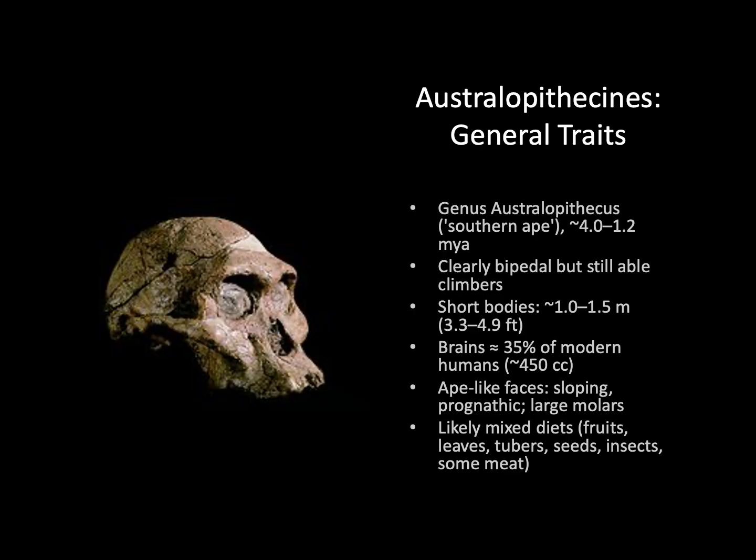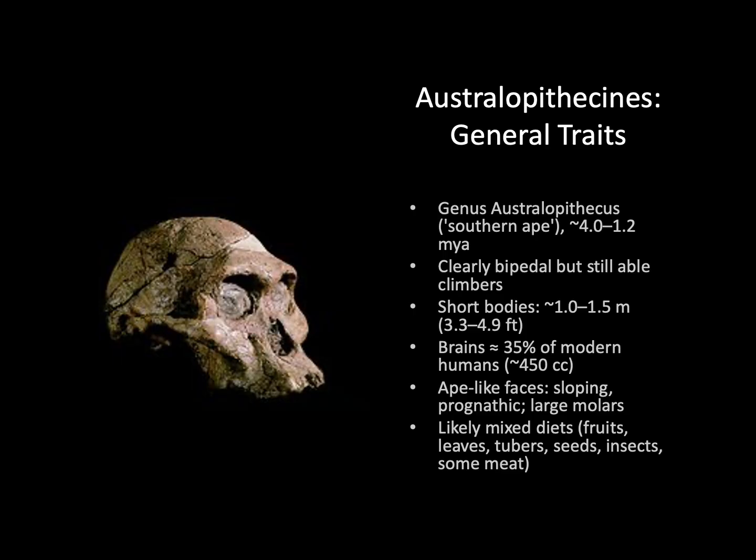Australopithecines are clearly bipedal, but with a style of bipedalism that is not quite the same as our own. They're generally shorter than modern humans, typically standing somewhere between 1 and 1.5 meters tall, or roughly 3.3 to 4.9 feet. Their brains are still on the small side, on average about 35% the size of a modern human brain.